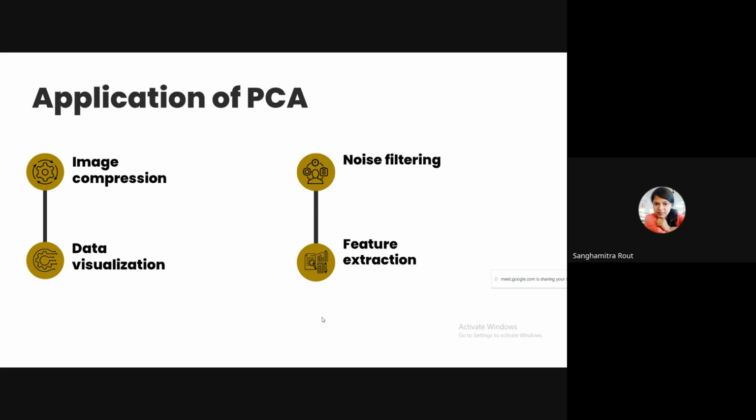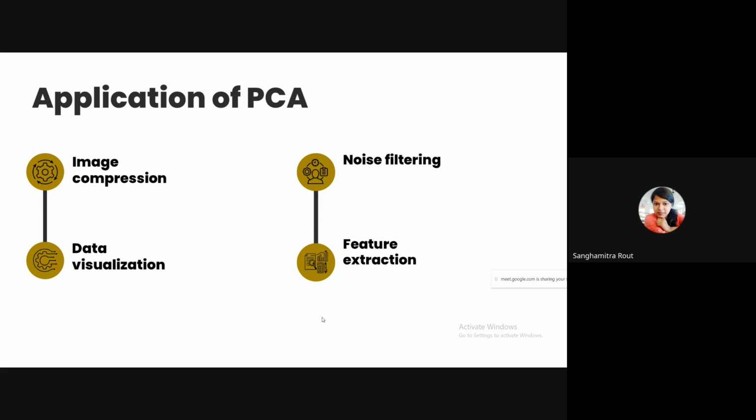Next is data visualization. Any 2D and 3D visualization plots you can develop by using PCA. Next, you can omit the noise also. You can remove any kind of external factors from your data set. And the last one is feature extraction.